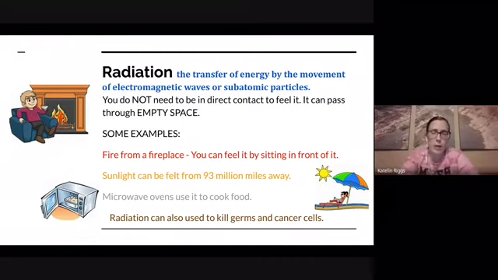We tend to think of radiation as this Hulk smash kind of weird gamma radiation effect, but radiation can be simply just heat, a specific type, which we'll talk about here. So say you're sitting in front of a fire from a fireplace. Now, if you're hovering above the fireplace, like you're out in your backyard and you have a fire pit, sometimes the heat can just rise through the air, and that's convection.